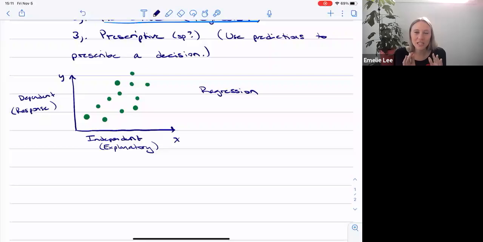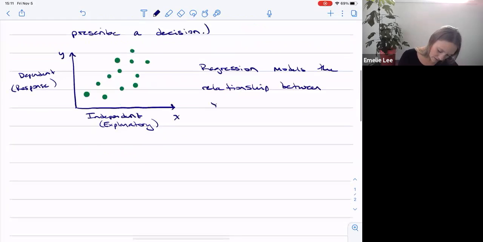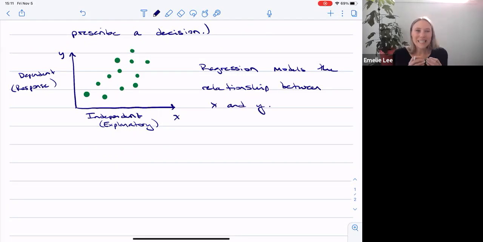So regression is trying to build a model that models the relationship between X and Y. In simple linear regression, we have a straight line.